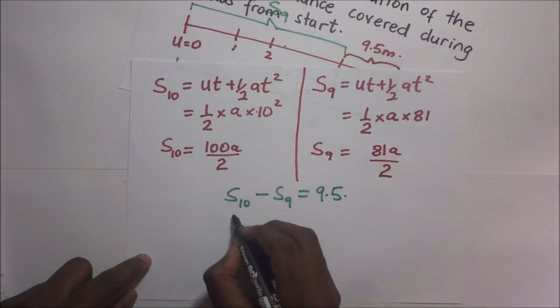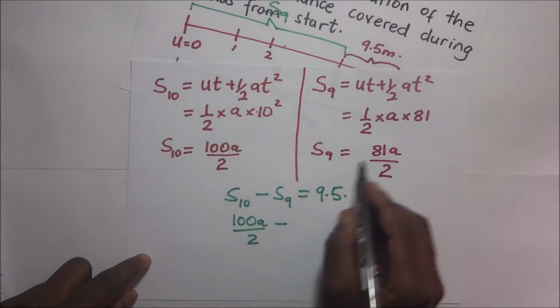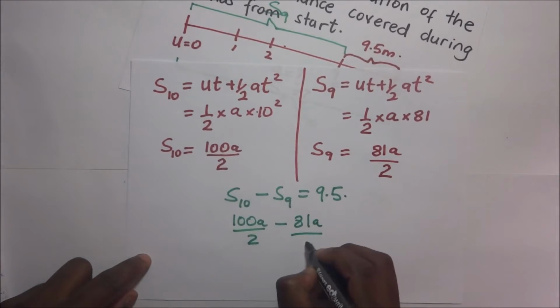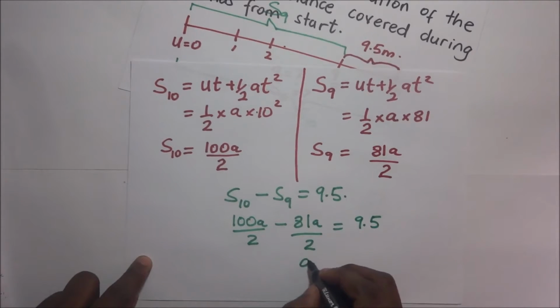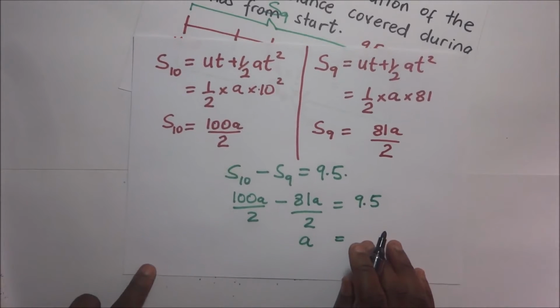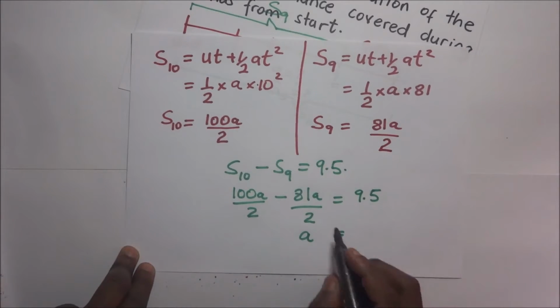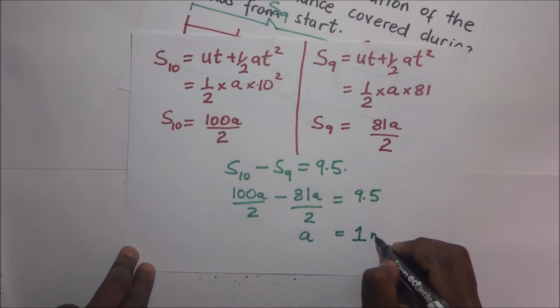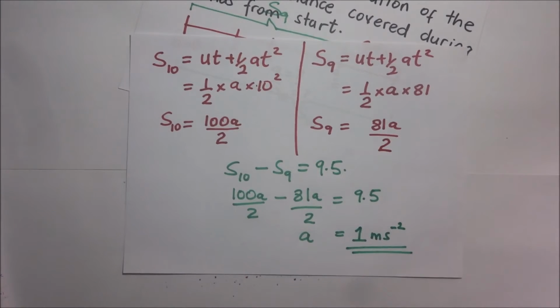So S10 is 100a over 2 minus S9, which is 81a over 2, giving us 9.5. Of course, when we work it out, we shall end up with our acceleration being 1. So that's the acceleration we get.